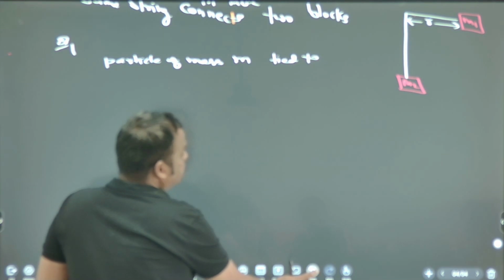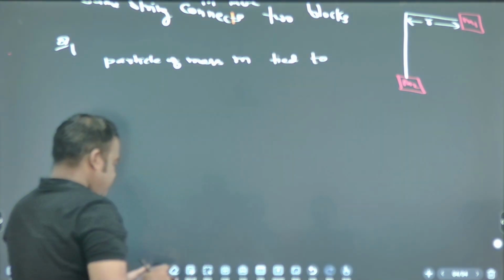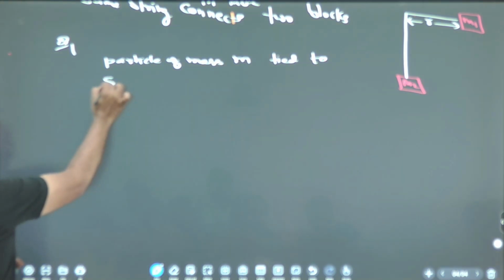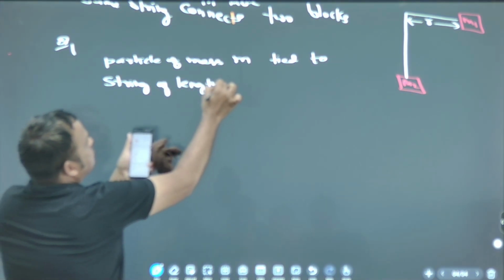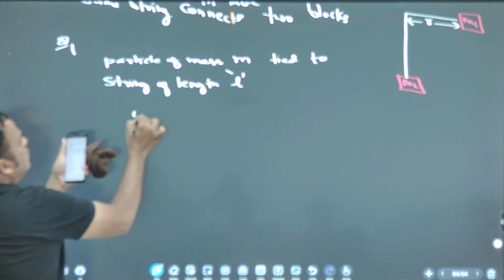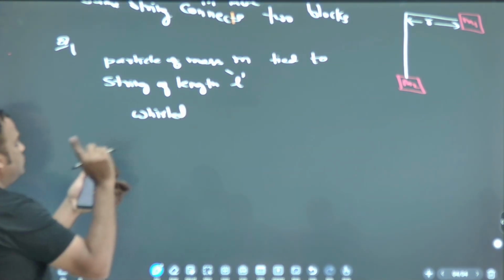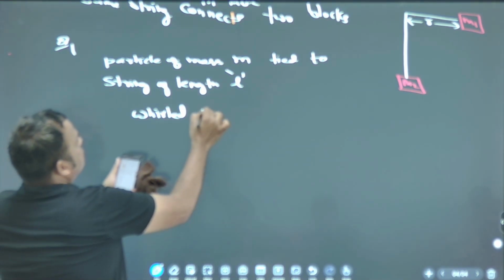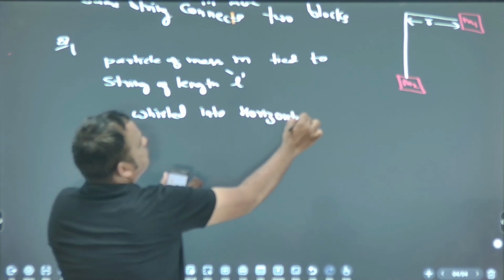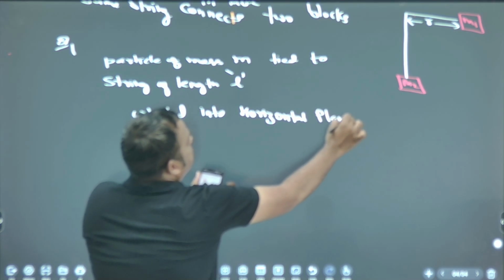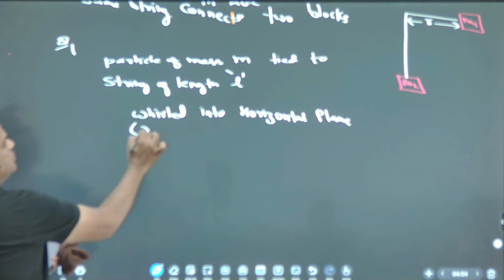Tied to means connected to. Whirl means like this, it is rotating.